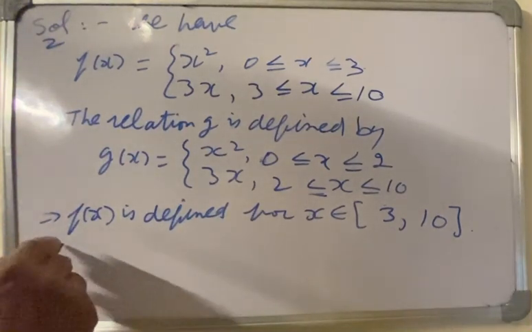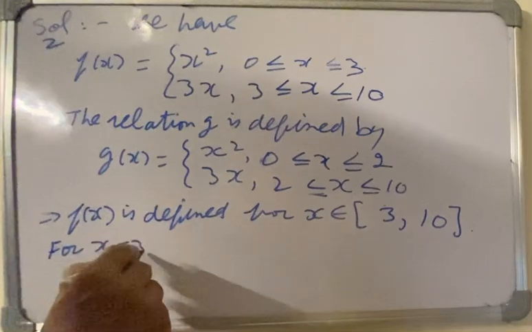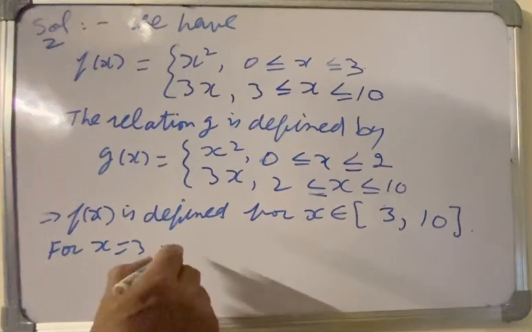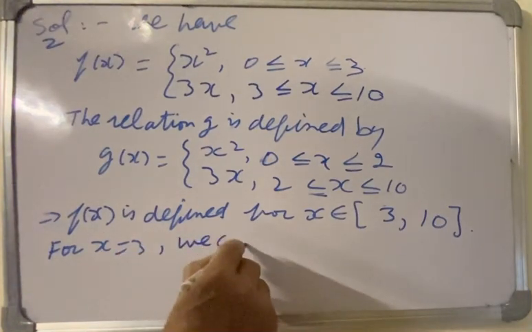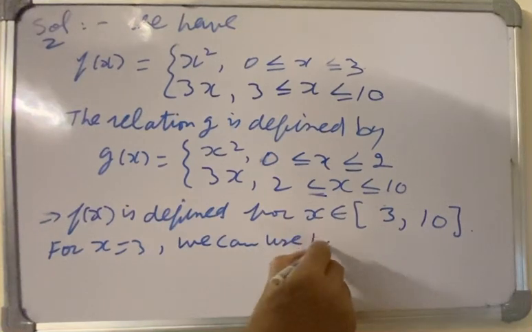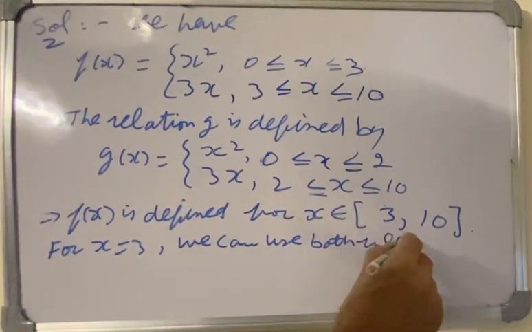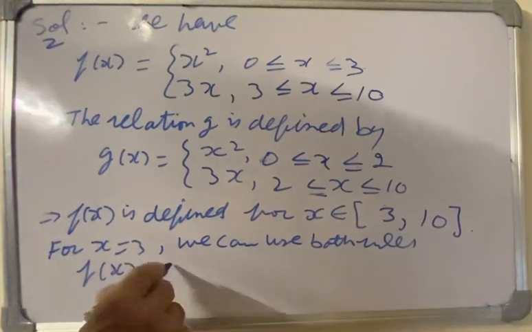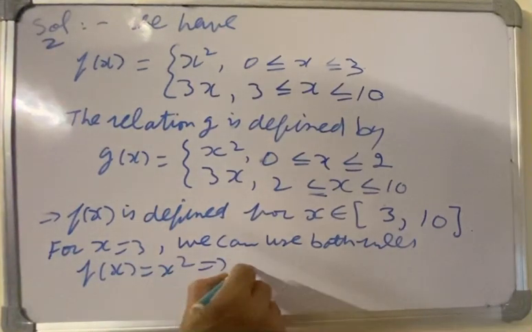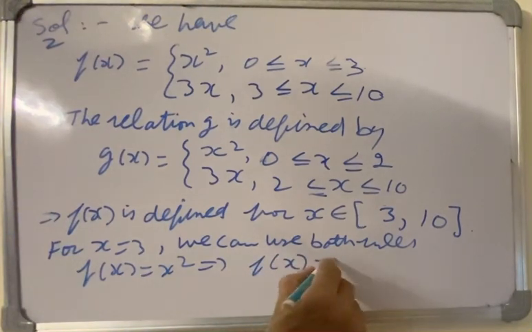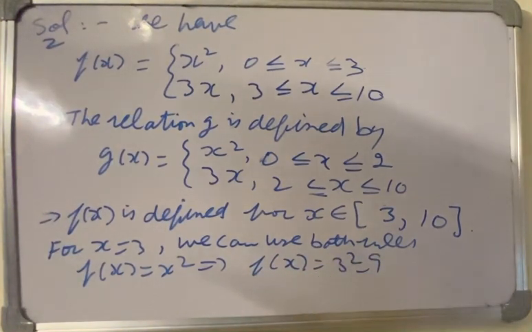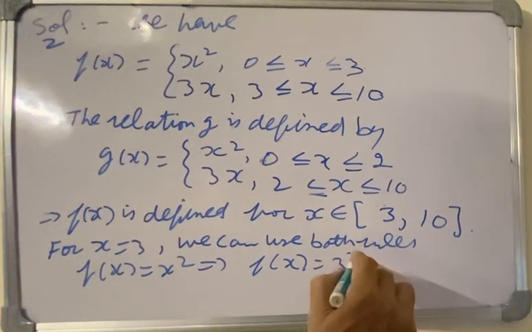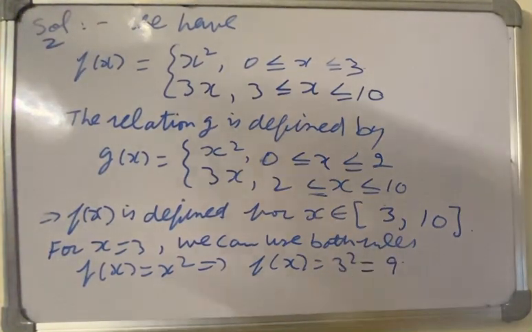For x is equal to 3, we can use both rules. f(x) is equal to x squared implies f(3) is equal to 3 square is equal to 9.